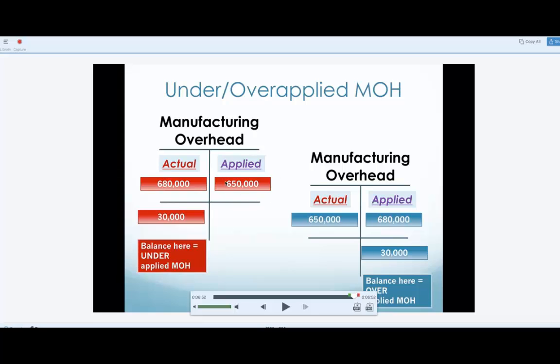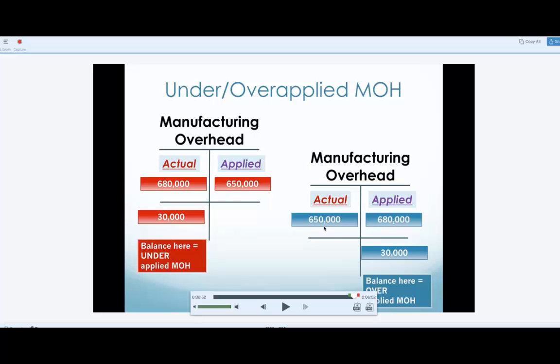You can see that these two numbers are not the same. There's more over here, which means there's a balance in the actual overhead, and you can see there's less here, so more needs to be applied, right? You get that? Okay, let's look at this example.